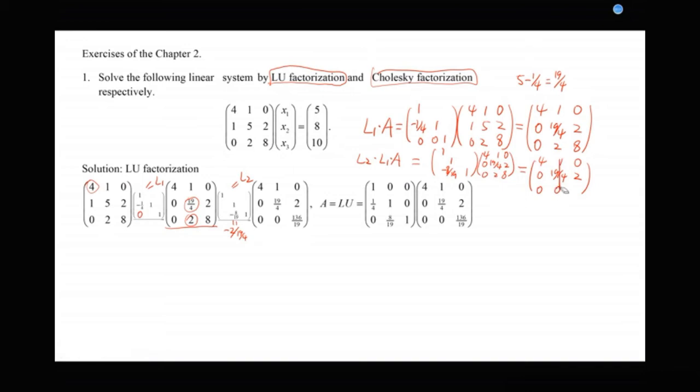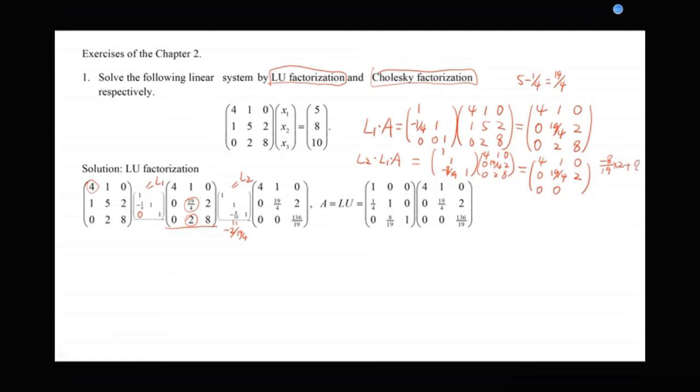Actually, you only need to compute the last element: 0 multiply 0 plus minus 8 over 19 multiply 2, plus 1 multiply 8.